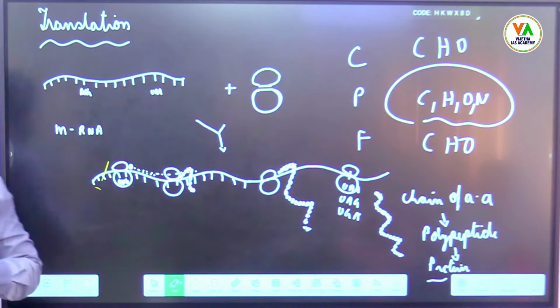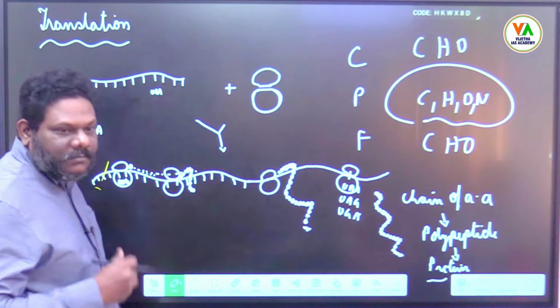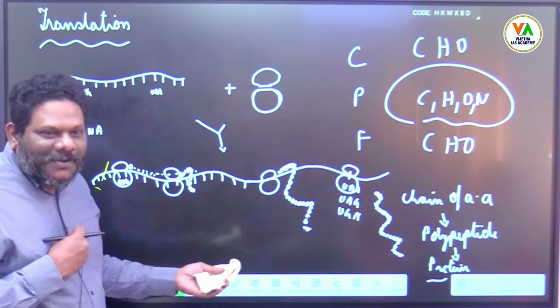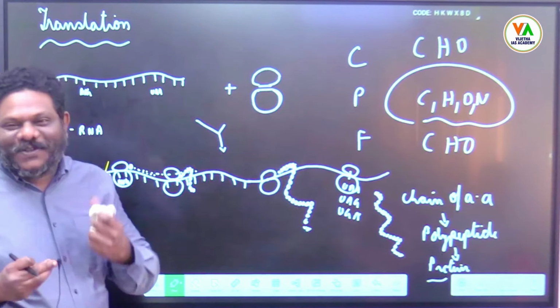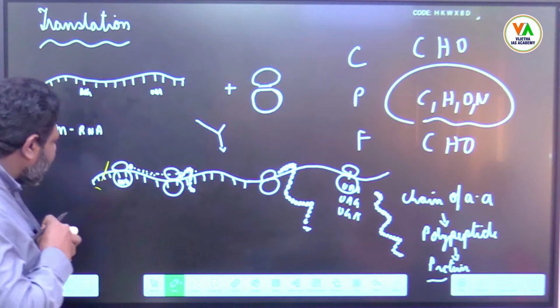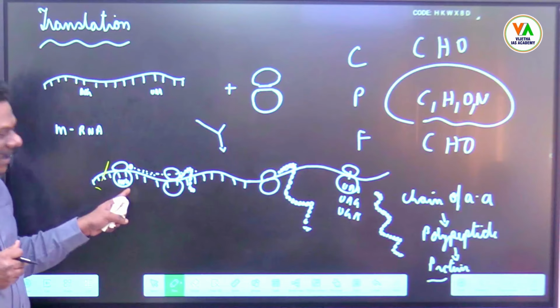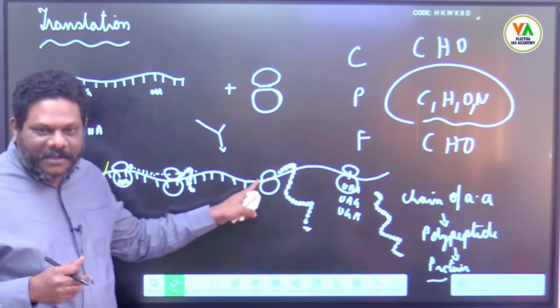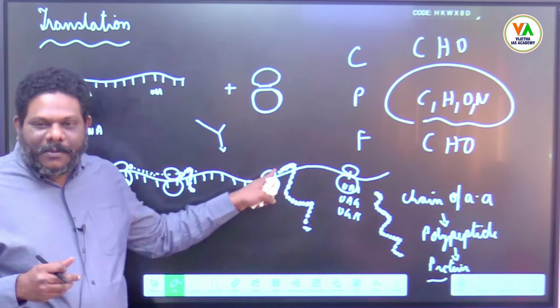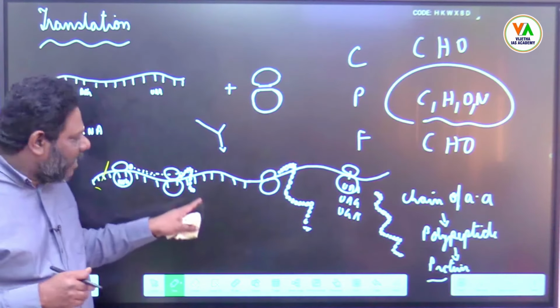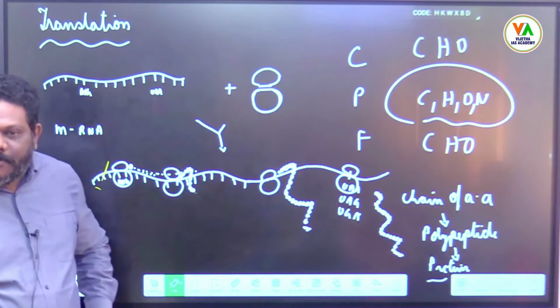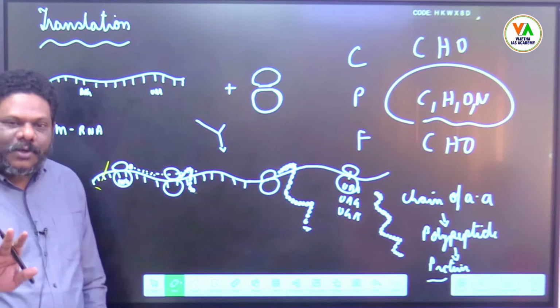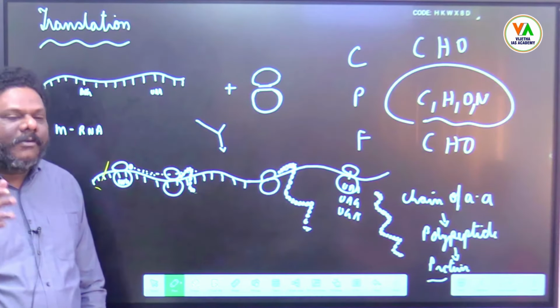What is translation? Again, that is the story, no. Say for example, ribosomes attached here. Then what happened? Slowly they are moving. In the process of this movement, what are they doing? They are translating this codon. A codon translates to form what? Amino acid. A group of amino acids is a peptide. A group of peptides is a polypeptide.